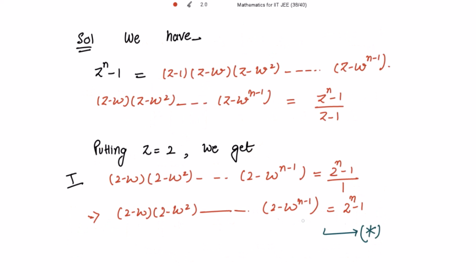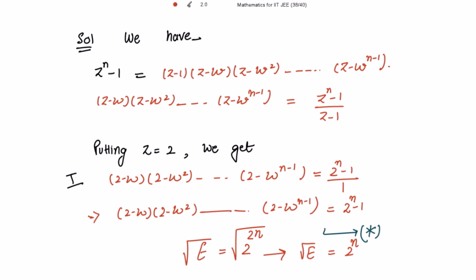If I mark this first result as star, I'm having here 2 to the power n, right? Can I write this as 2 to the power n, because E is what? E is 2 to the power 2n. If I take the square root on both the sides, what do I get? I get square root of E equal to 2 to the power n, right? So can I write this as, in place of 2 to the power n, square root of E?